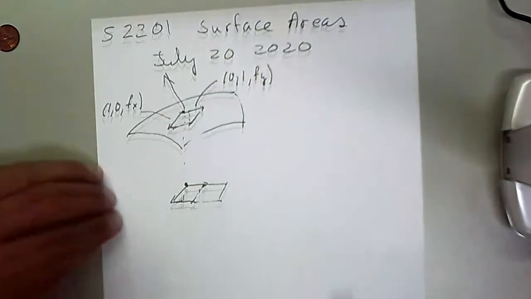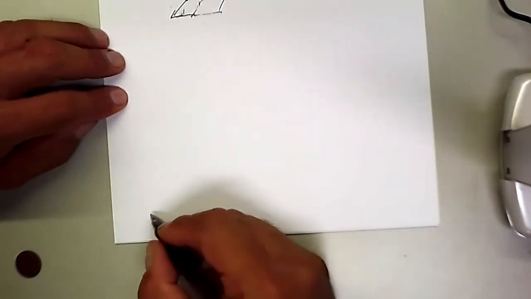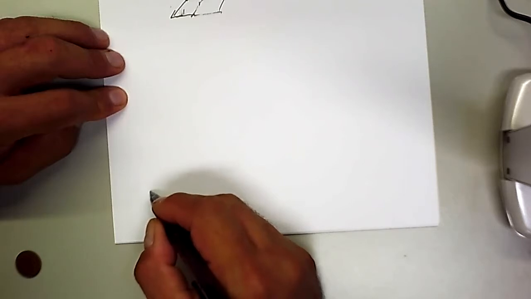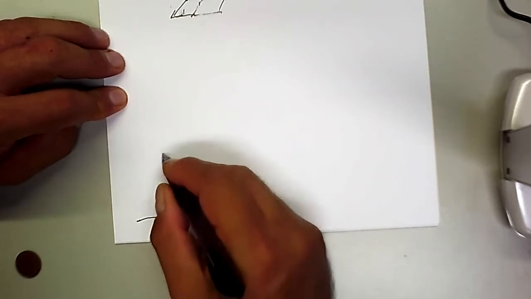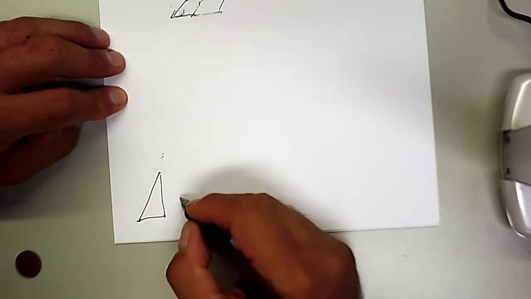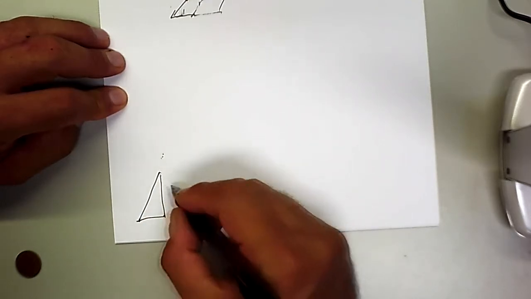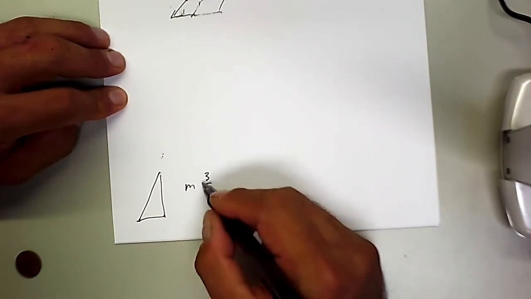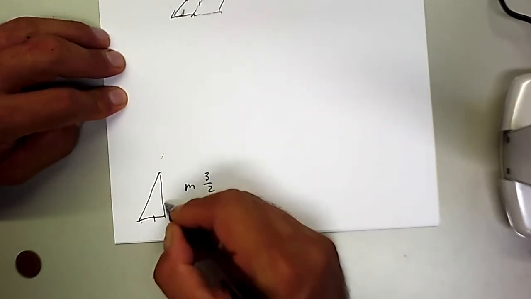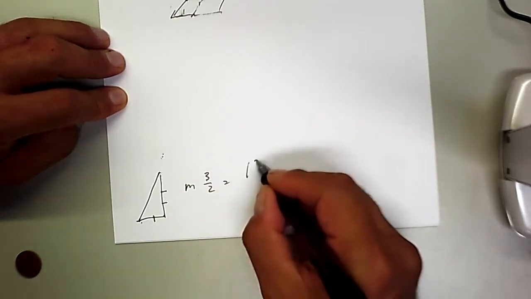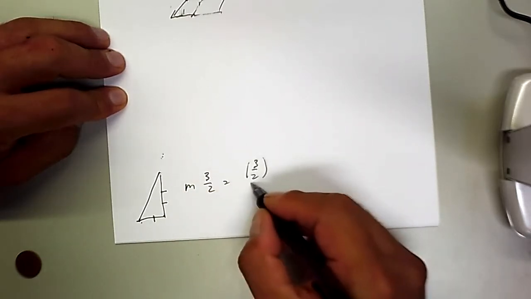I just want to recall that if you have a slope of, let's just say, 3 over 2, you can think of the slope of 3 over 2 as 2 units to the right and then 3 units up, or you can think of it as 3 over 2 over 1.